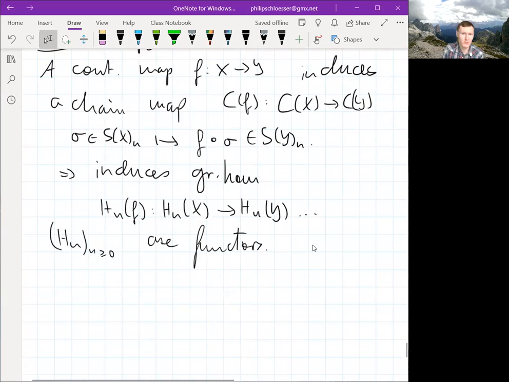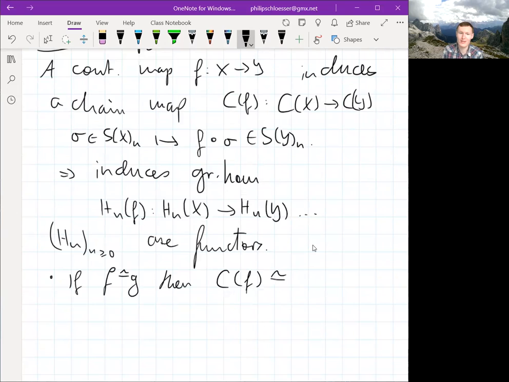Now, what does homotopy say? Homotopy, or the actual axiom, says if two maps are homotopic, then the chain maps induced by them are homotopic, as in chain homotopy.